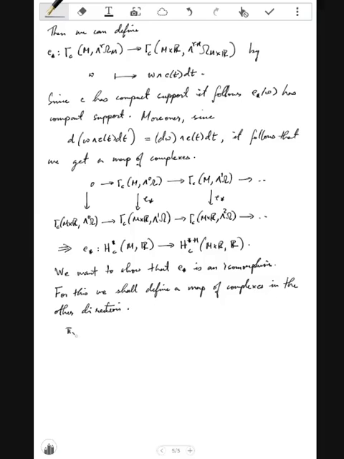So we will define pi lower star from compactly supported forms on M cross R to compactly supported forms on M, by integrating along the fibers.